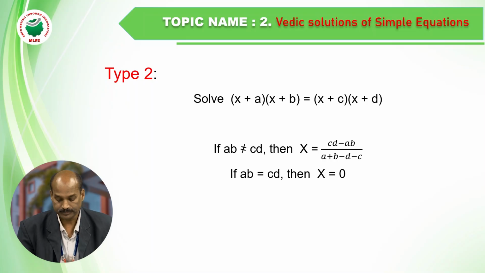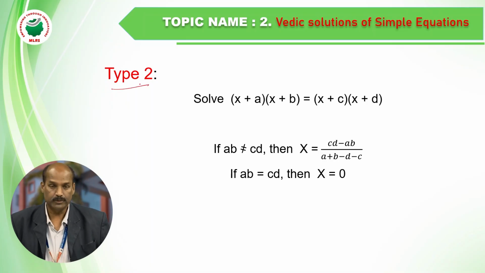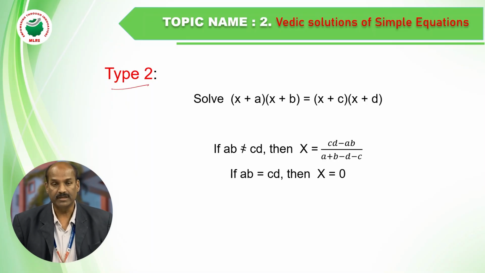Next, type 2. What is the type 2? If the given simple equation is in this form. Now here, left side is multiplication of 2 binomials, and right side also multiplication of 2 binomials. Binomials means 2 terms.